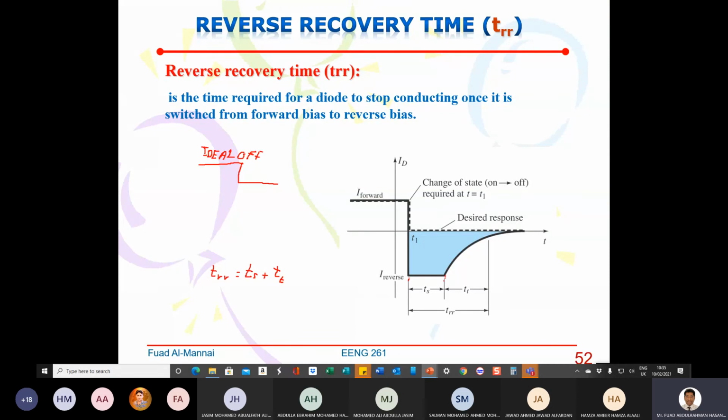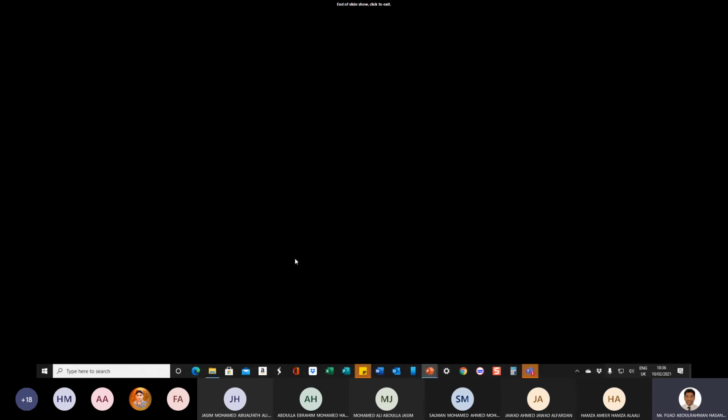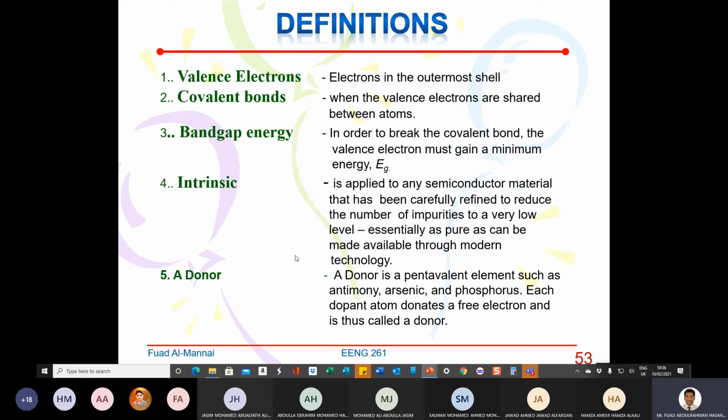Now slide number 53. This is the end. I put definitions: what is valence, what is a covalent bond, band gap energy, intrinsic, donor, and so on. With this, we finish this chapter.